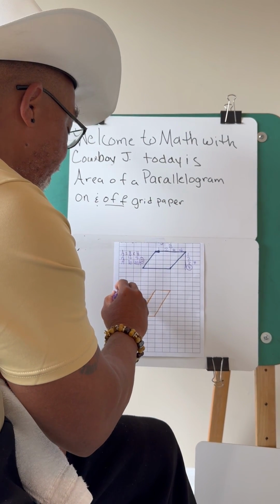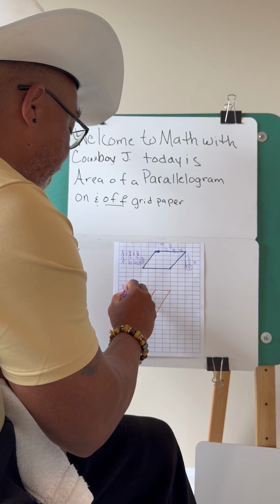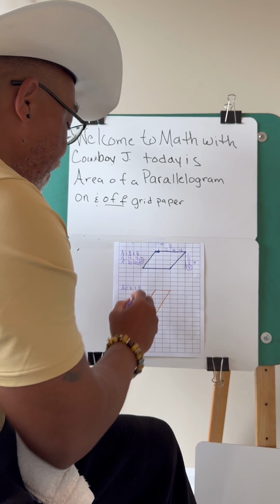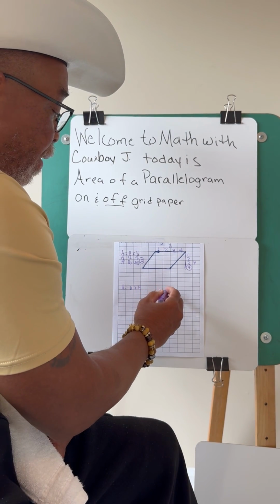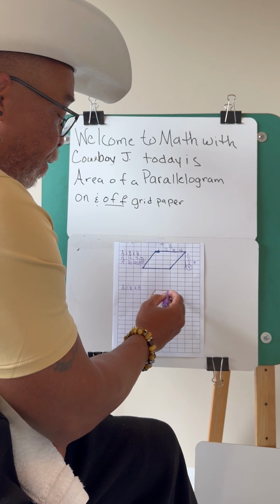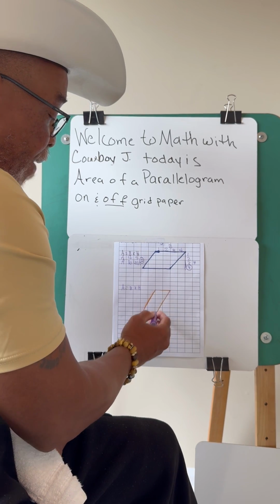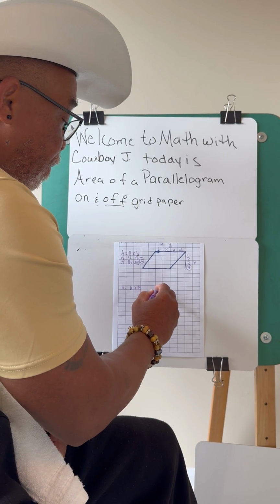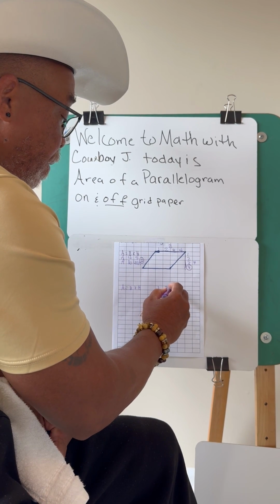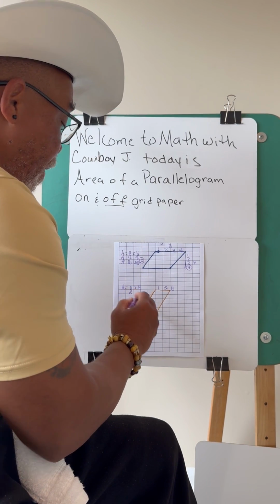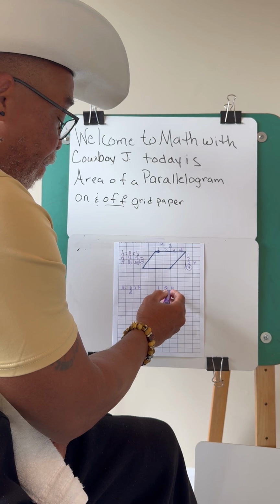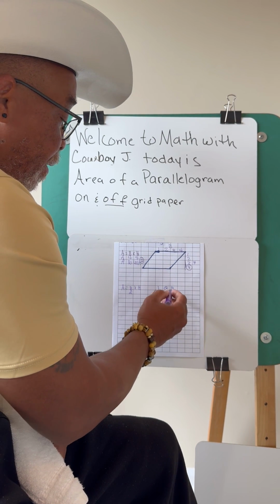Again, the area is still base times height. Again, we want our base to be the number across the grid line, not at a slope. So it's going to count 1, 2. So that's our base. Our height is going to be from the top to the other side.